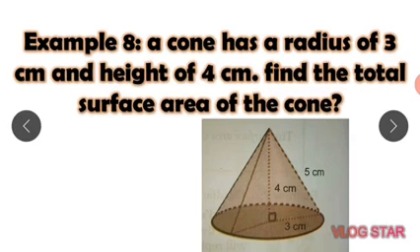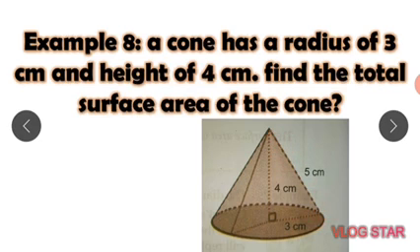So the problem is: a cone has a radius of 3 cm and a height of 4 cm. Find the total surface area. As you notice, the slant height is not given, so we will compute the slant height using the Pythagorean theorem. Imagine that the height and the radius form the legs, and the missing one is the slant height.